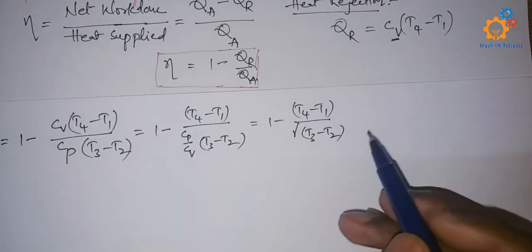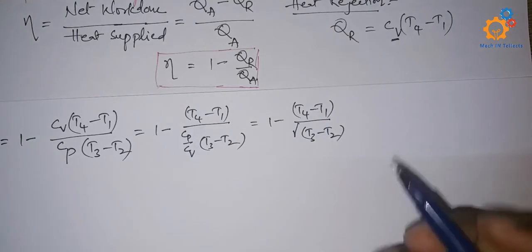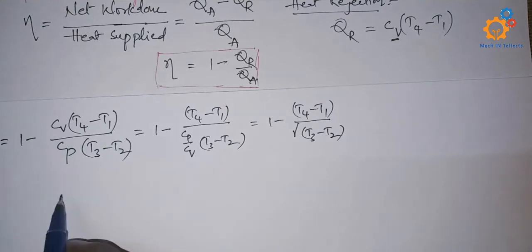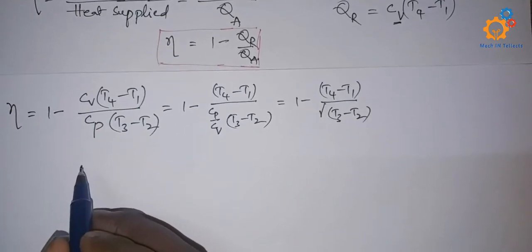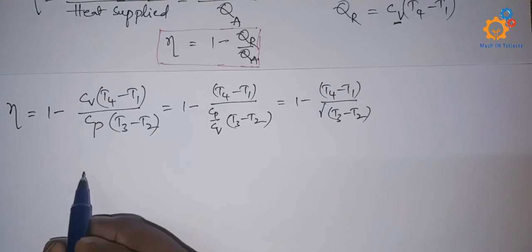Now we need to eliminate all these temperatures. I will follow one rule, and you all must remember this. If you remember this rule, you will definitely do the efficiency expression very easily. What is that rule?